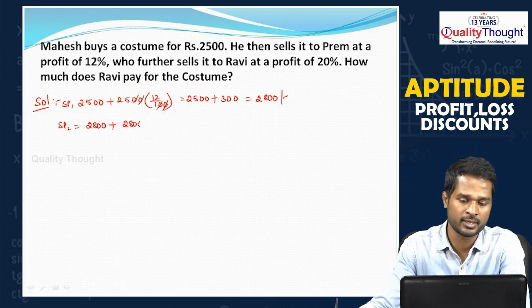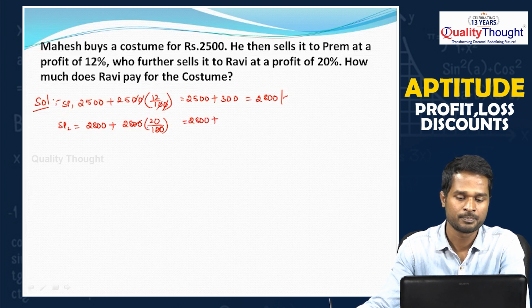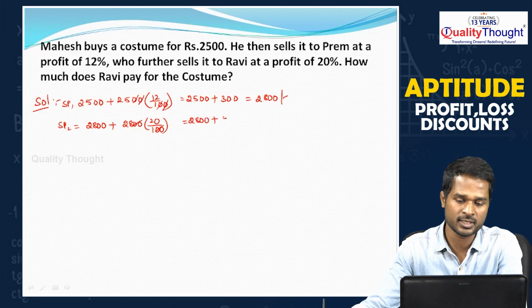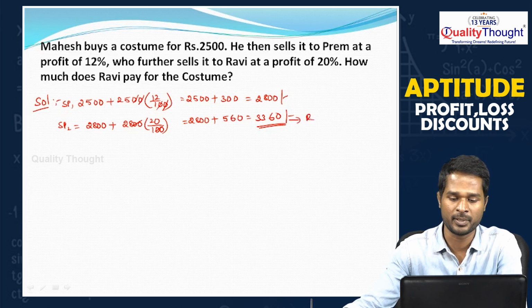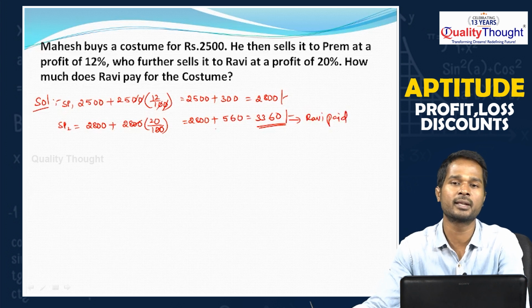So, 2800 into 20%, 2 zeros will cancel, which is 2800 plus 28 2s are 56, 0. So, this is 0 plus 6 plus 28 plus 5 is 33. So, this is the final price. This is what Ravi paid. So, Ravi paid 3360 rupees.